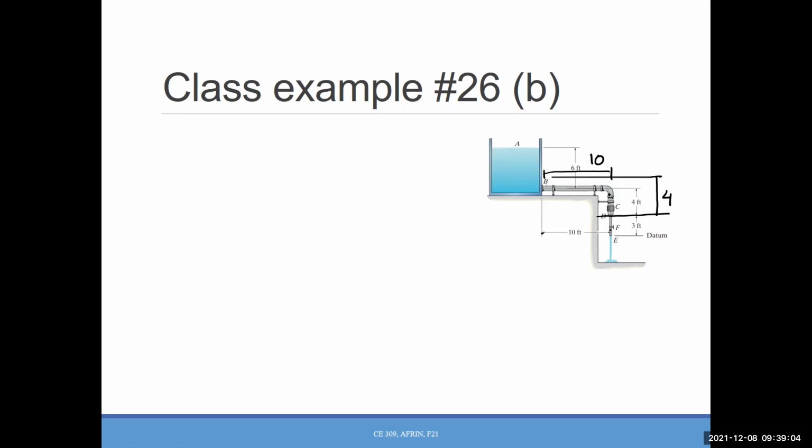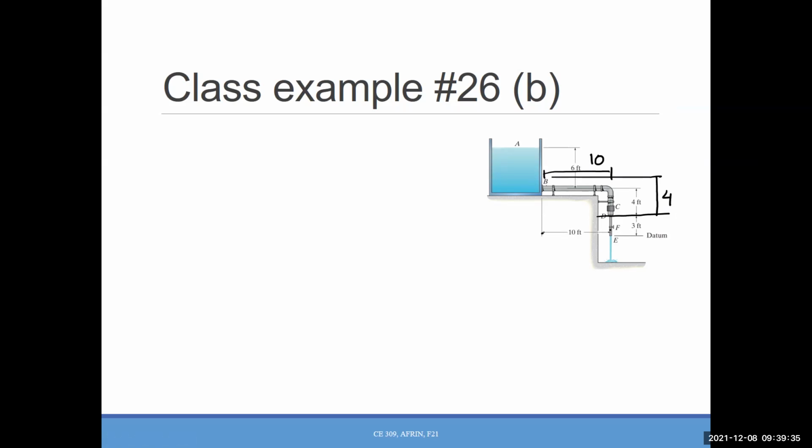And they are connected in series also, but since they are the same diameter, we don't need to calculate separately. We can consider the same pipe. But the next pipe, since that one is different diameter, we need to do a little bit extra calculation. Yes. Because 10 is, yeah, 6 is the vertical distance. Okay. Any other question for this one?